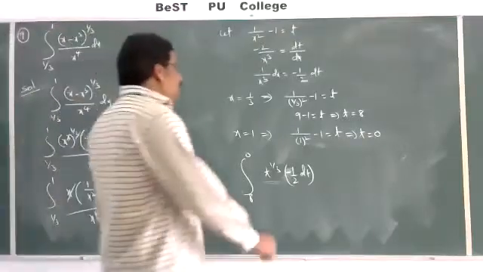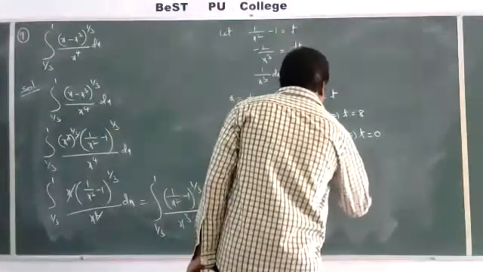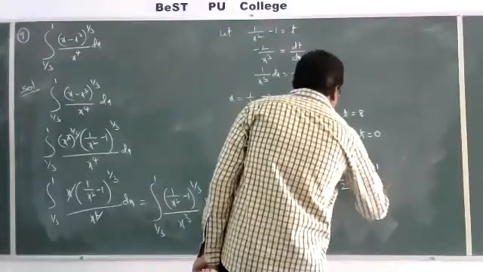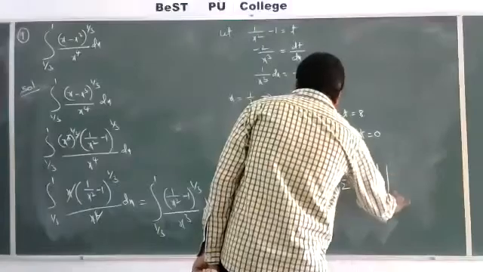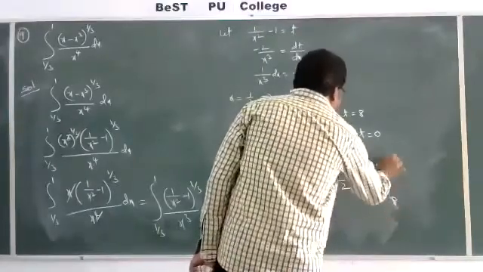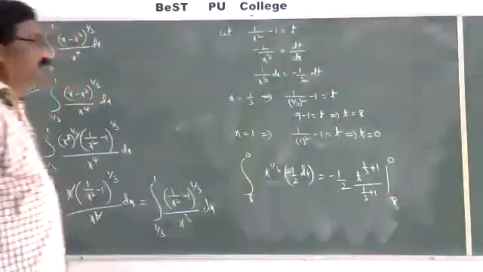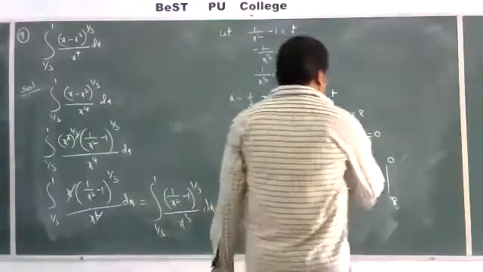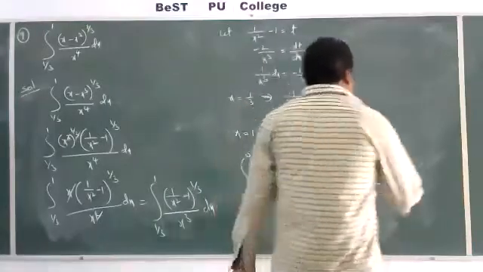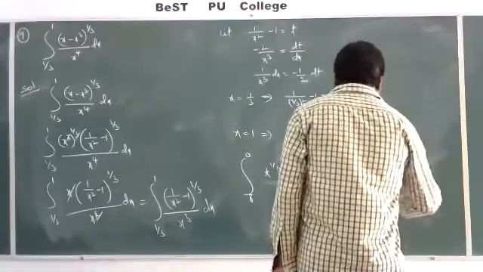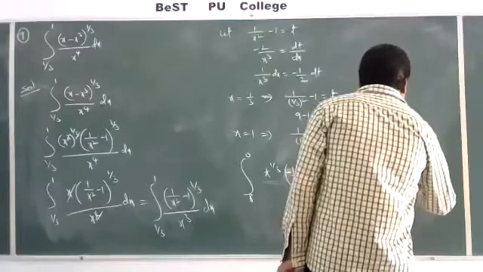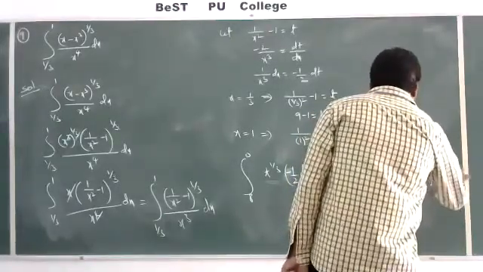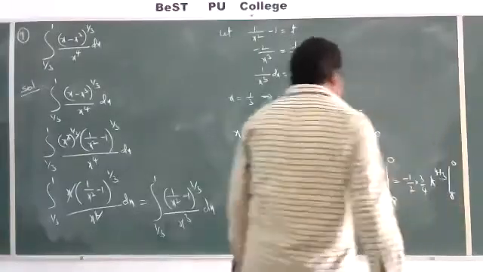Then −1/2 is a constant, so write it outside. Then the integration of t^(1/3) gives t^(1/3+1), and 1/3 + 1 is 4/3, so it is 3/4. That is −1/2 · 3/4 · t^(4/3) from the limits 8 to 0.